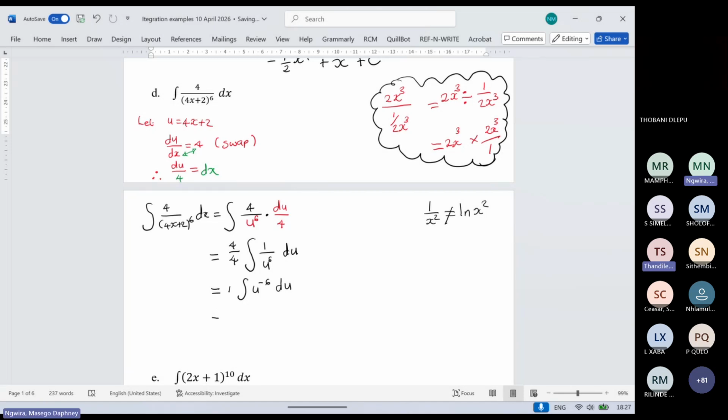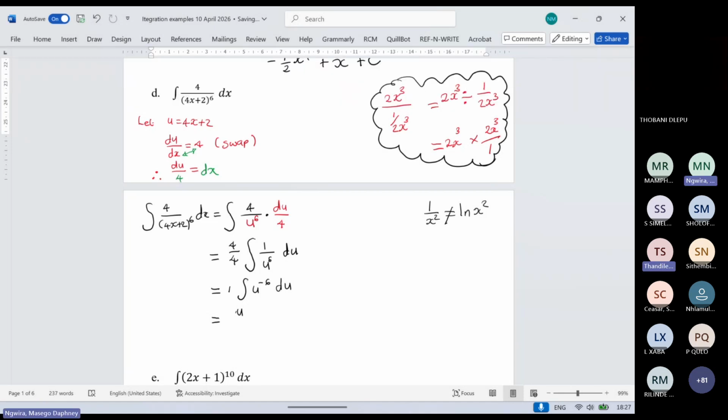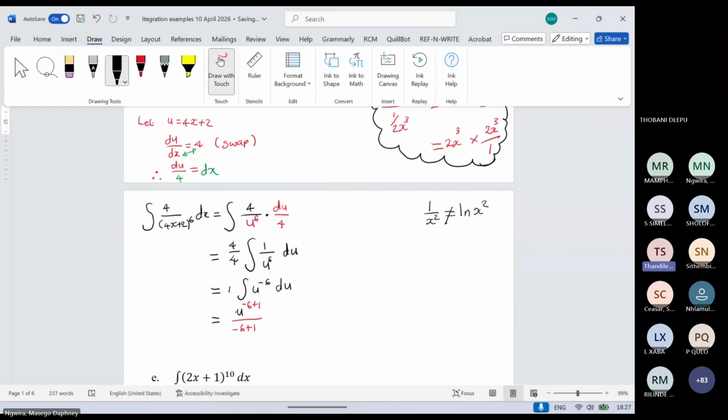So we're integrating now. We're going to say u to the power of -6 plus 1 over -6 plus 1, plus c.